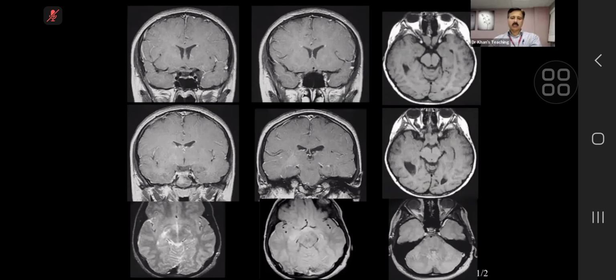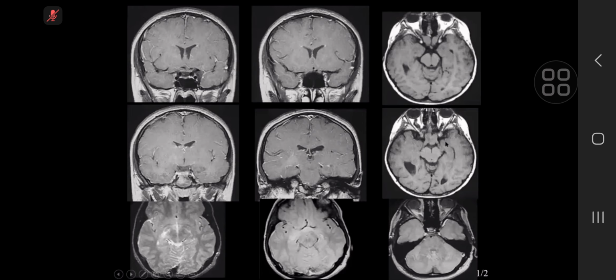Yeah, that's fine. So I've got both coronal and axial slices, and there's bilateral thickening and kinking of the optic nerve, most prominent on the axial slices, which makes me suspect that there's bilateral optic nerve gliomas.